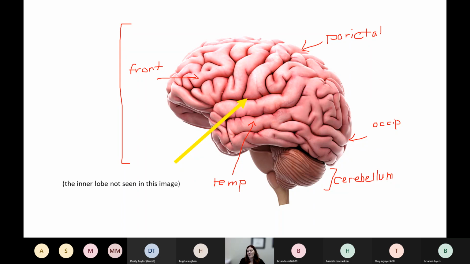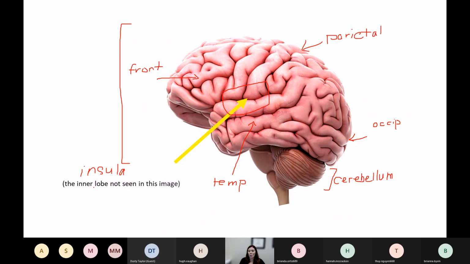If I were to cut away a little piece of the frontal lobe and a little piece of the parietal lobe, a little bit of this temporal lobe, if I took all of those away and looked deep, I would see one other lobe that we have in the brain, and that's called the insula. So the insula is the innermost lobe that we have in the brain. It's not seen on the surface. This one's really important for the sense of taste, the insula. So 5 different lobes of the brain.